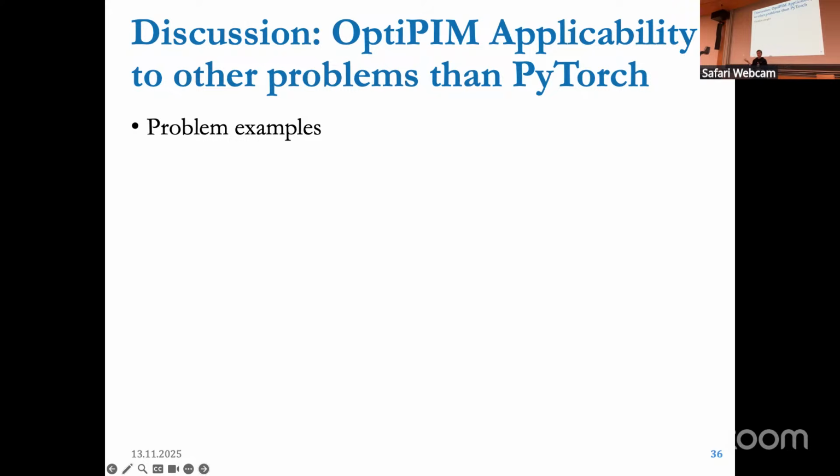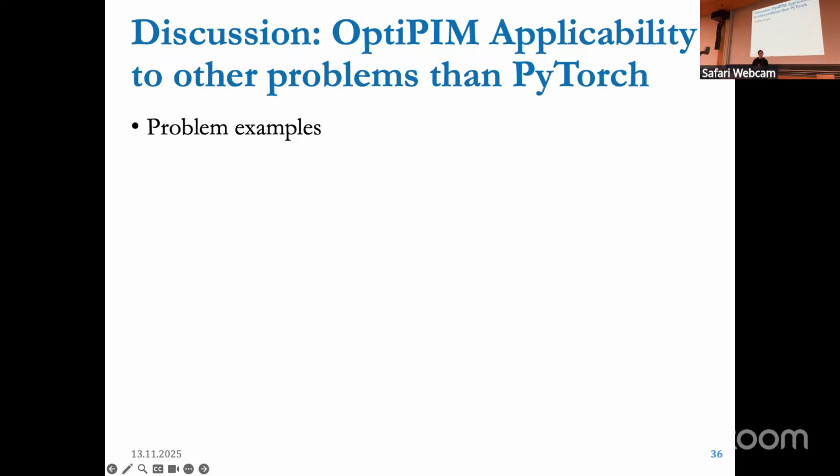MLIR, if anybody doesn't know, is a compiler framework that allows, in comparison to or in combination with LLVM, to use your custom dialects to have some intermediary representation of your problem. And now we have this for the PyTorch MLIR dialect, but maybe this could also be used for other problems.